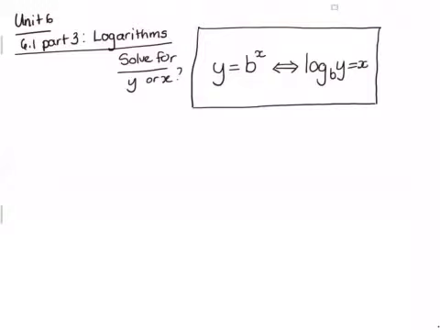Right, I'm going to show you a little rhyme, but I'll do it on the hand of an example. If I have log base 3 of 81 equals 4, and this if and only if just means you can go in both ways with this rule.